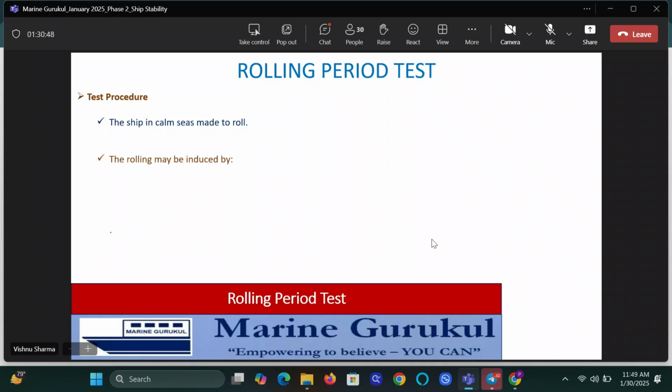Rolling may be induced by any method, but the methods given in the Code of Intact Stability were like this: rhythmically lifting up and putting down a weight as far off the middle line as possible. That means if the weight is picked up and lowered on the sides, then it will be changing the GM of the ship, and that can induce rolling.